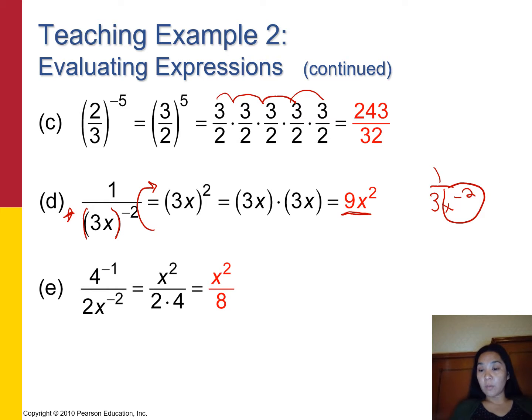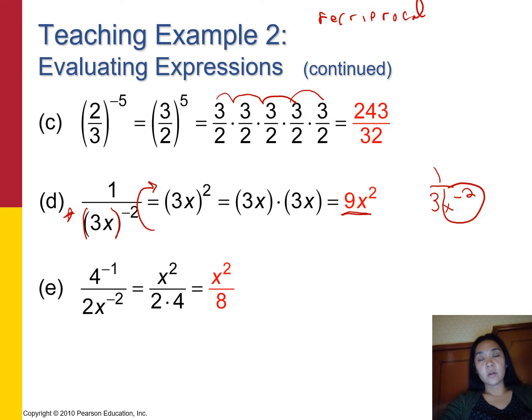You can go 3 squared and x squared, and that's just 9x squared. If you're having any trouble with these, or you're not quite sure how I'm getting this, again, we are just taking the reciprocal. Say, for example, you had x. The reciprocal is just 1 over x.